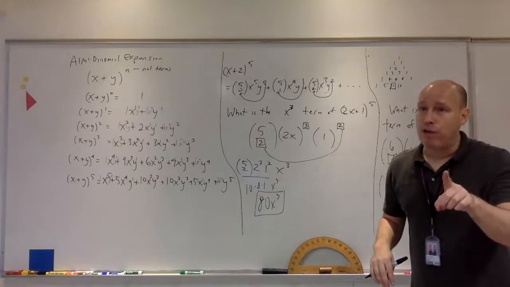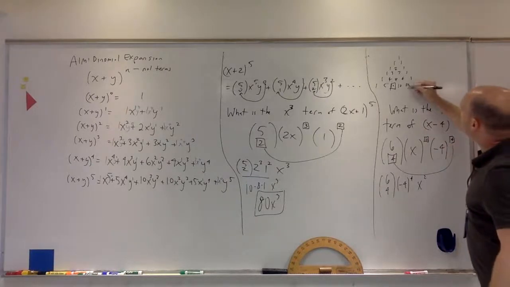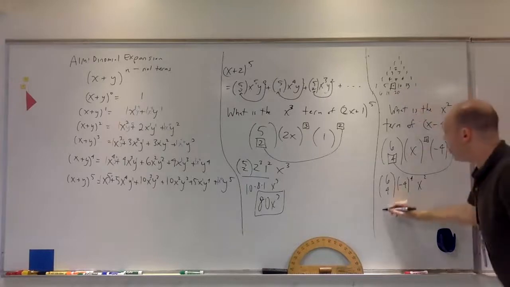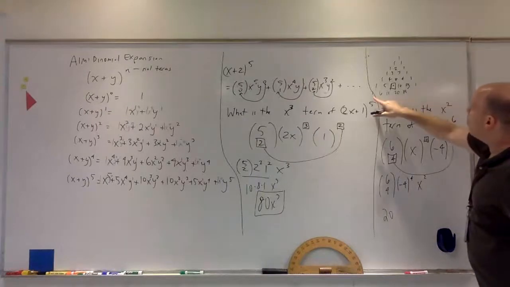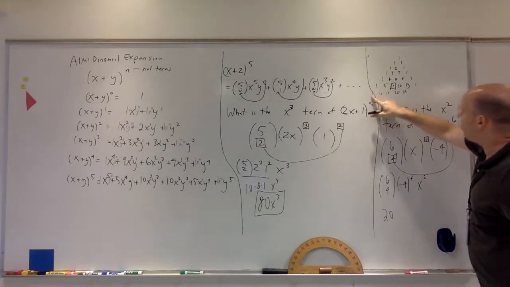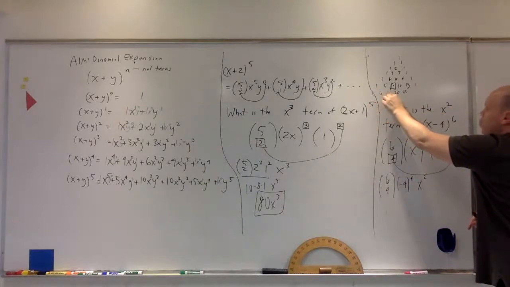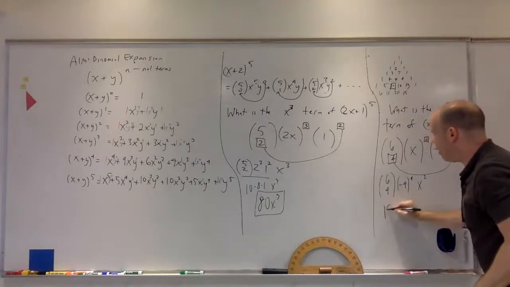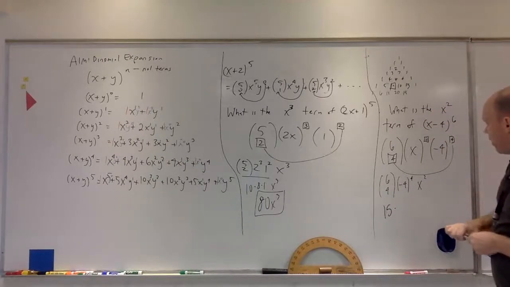You can use your calculator, figure out how to do nCr on the calculator, or, once again, 6 choose 0, 6 choose 1, 6 choose 2, 6 choose 3, 6 choose 4 is 15 times 16 times 16. Let's see, what is 16 times 16?